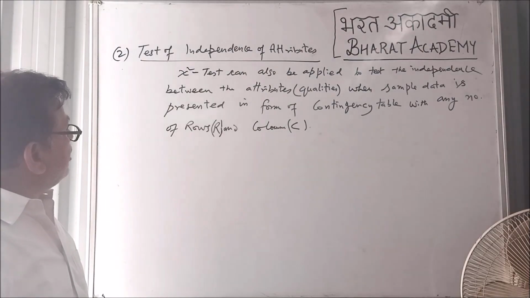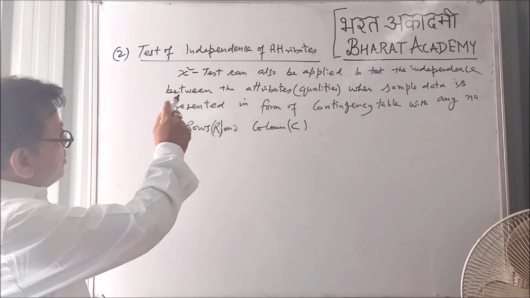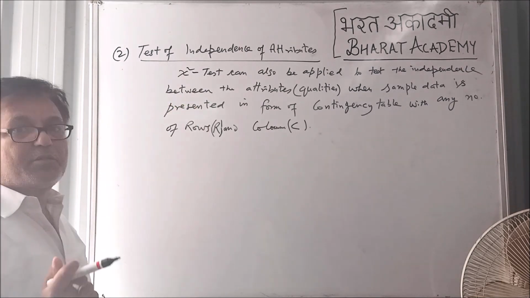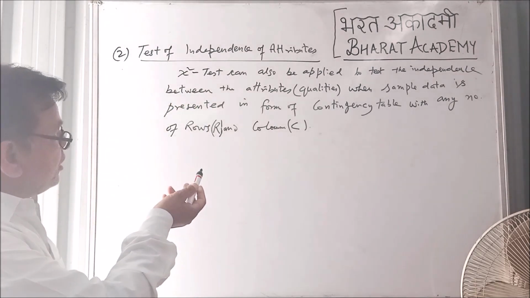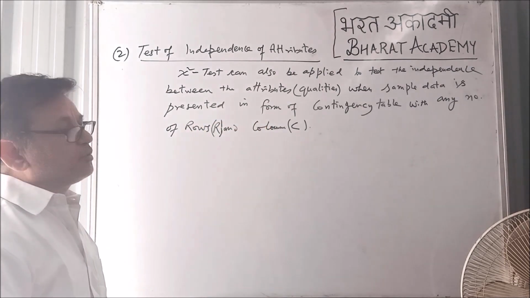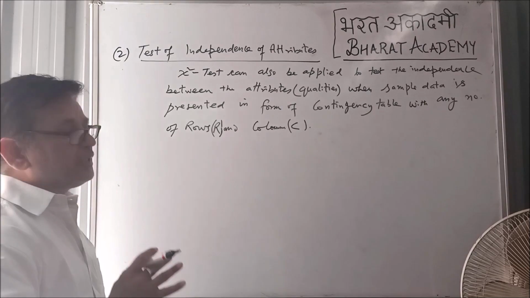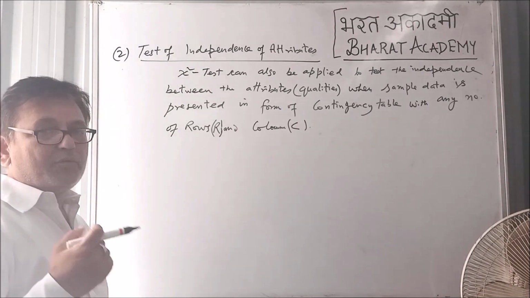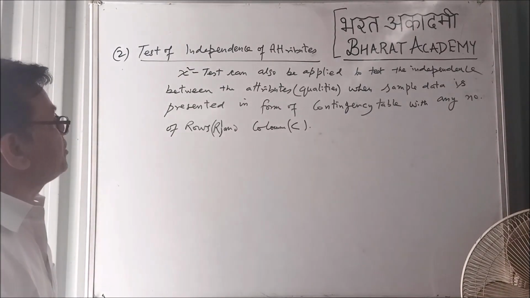Now the second application of chi-square is the test of independence of attributes. Attributes means qualities. The chi-square test can also be applied to test the independence between the attributes when the sample data are presented in the form of a contingency table with any number of rows and columns.